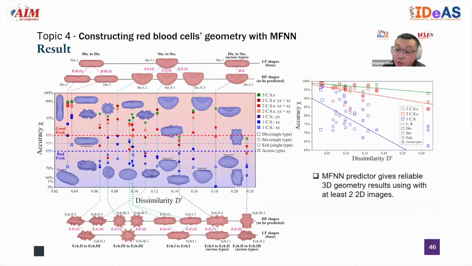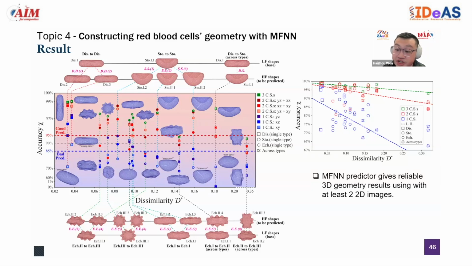Then we have the result of the full MFNN predictor. We have tested a variety of RBC shapes. We found out that the similarity between the low fidelity reference shape and the high fidelity target shape is very essential. It means that the two shapes should share some sort of geometric similarity.